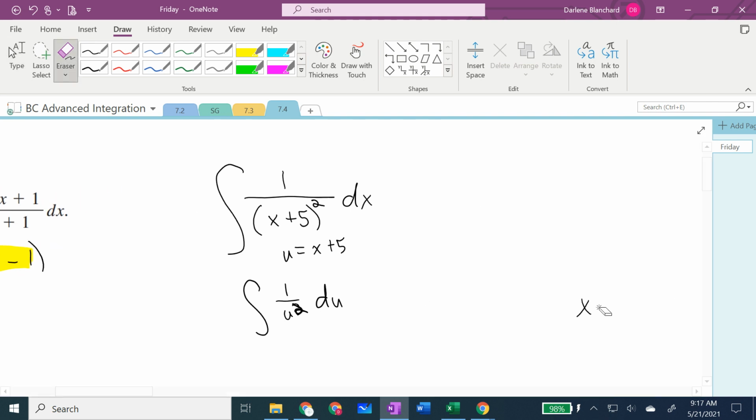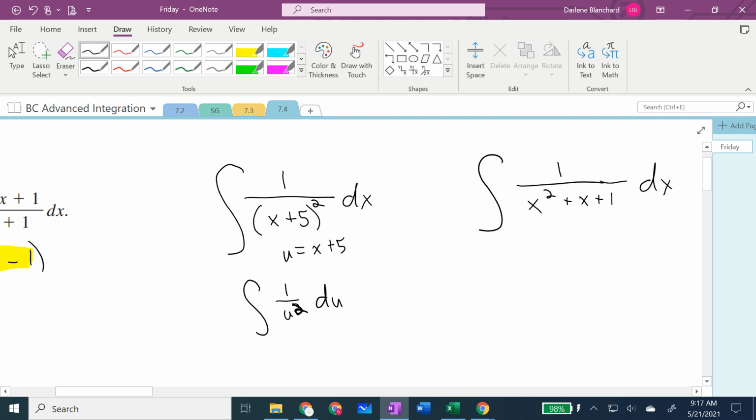But if my denominator is a quadratic, let's see, let me go with something that I know. If it's a quadratic that I am unable to factor, that actually doesn't have any real solutions to it, how do I integrate that?